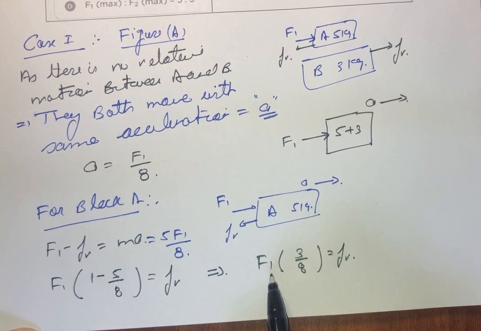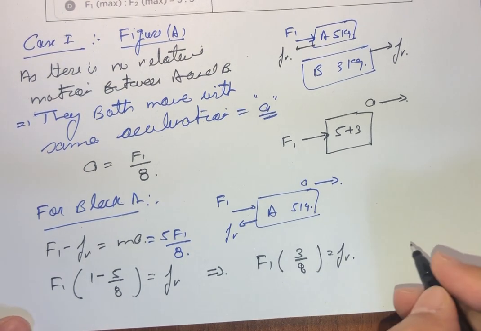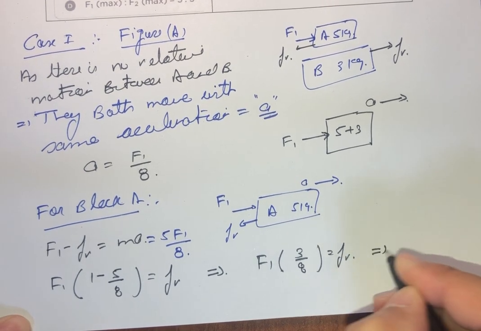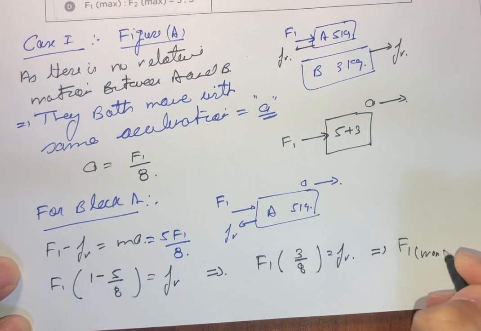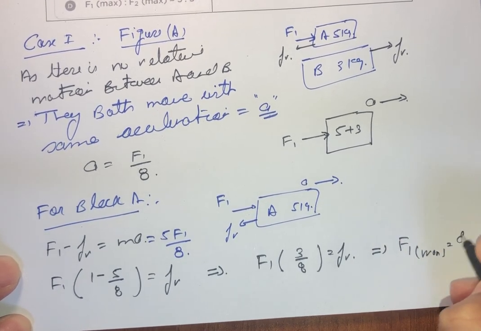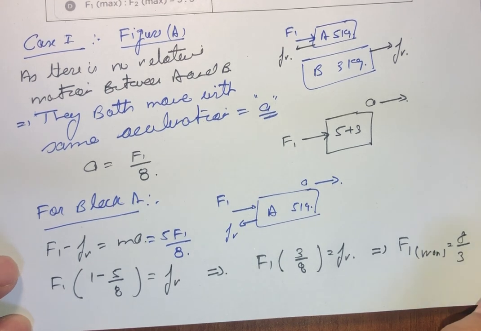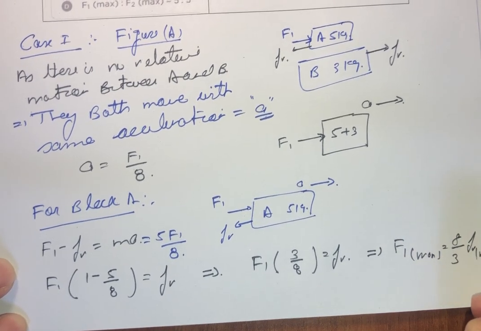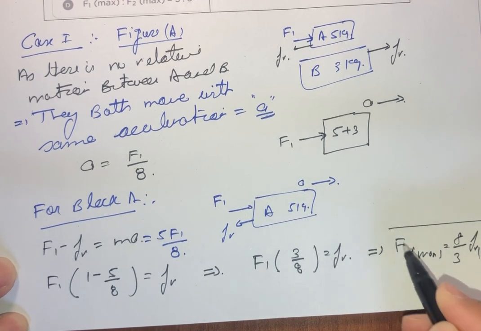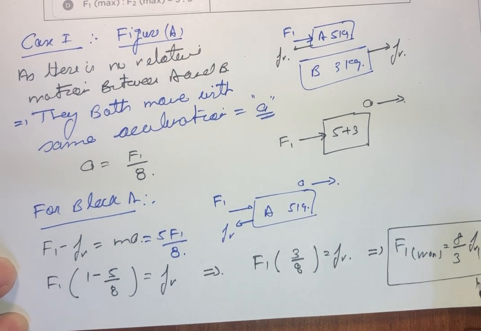Now F1 will be maximum when Fr is maximum, so F1 max is equal to 8 upon 3 Fr max. Let us call this equation number 1.